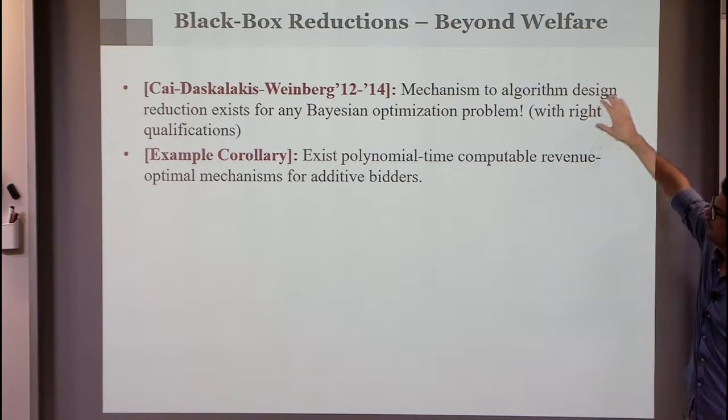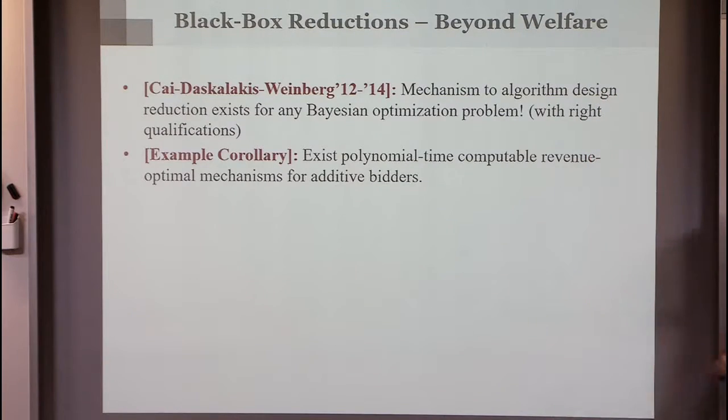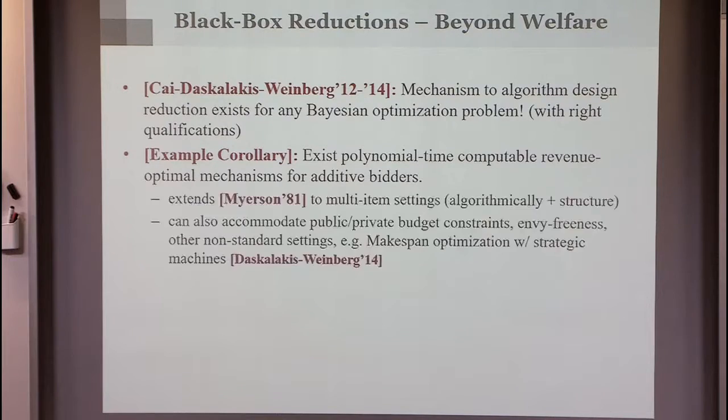As a corollary of this reduction, we get that there exist polynomial time computable revenue optimal mechanisms for additive bidders, which extends the celebrated paper of Myerson to multi-item settings.